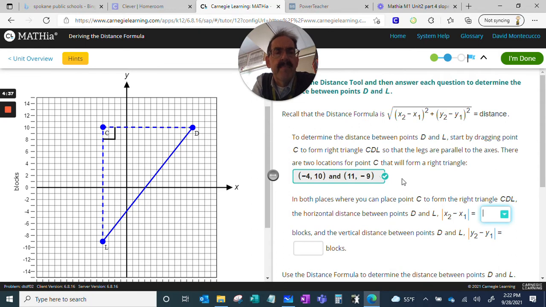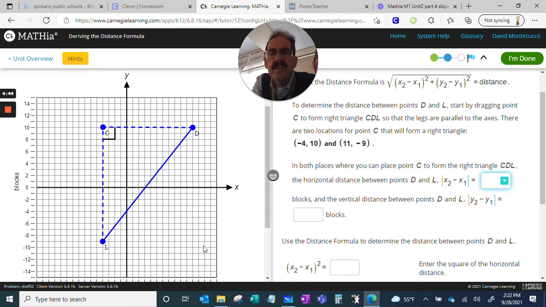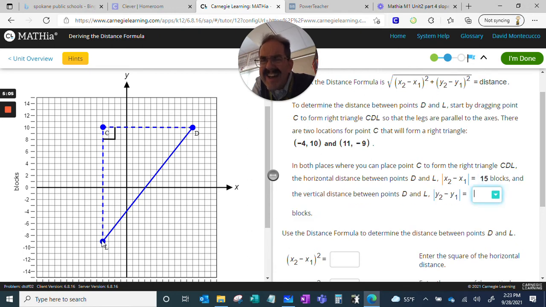Now in both places, the absolute value from x to x, negative 4, 1, 2, 3, 4, 5, 6, 7, 8, 9, 10, 11. 4 and 11 is 15 units. The vertical, from 10 to 9, is 19 units.